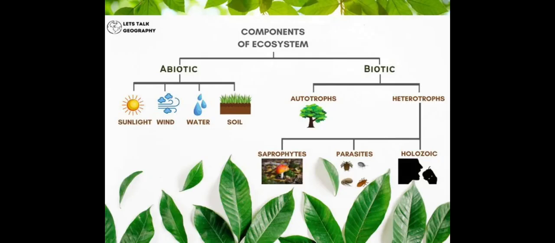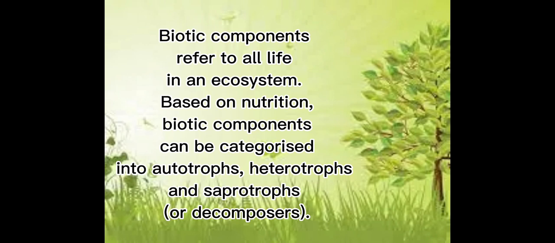Here are the two components of ecosystem, the abiotic and the biotic. Biotic components refers to all life in an ecosystem based on nutrition. Biotic components can be categorized into autotrophs, heterotrophs, and saprotrophs, or decomposer.